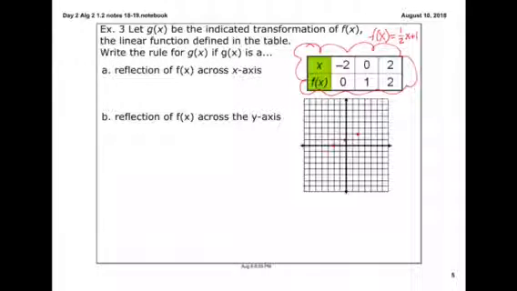So when we reflect f of x across the x-axis, I'm going to represent that with blue. If we reflect this point across the x-axis, it's 1 unit each direction, so we're going to put a point here.